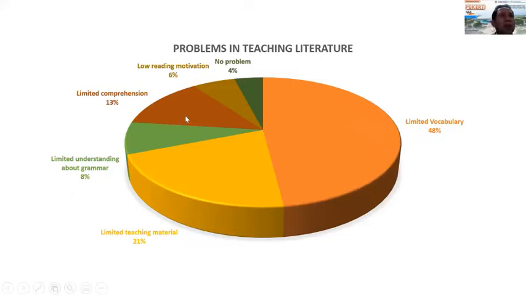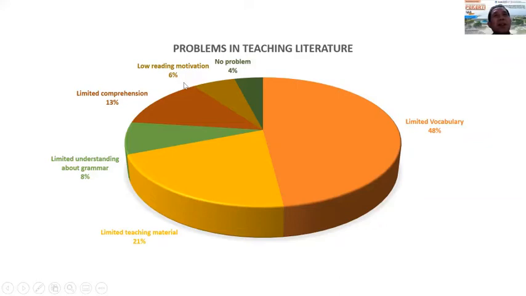And then limited comprehension, 13%. So limited vocabulary, 48%, limited teaching material, 21%, and limited comprehension, 13%. Next is limited understanding about grammar, 8%, and then low reading motivation, 6%.